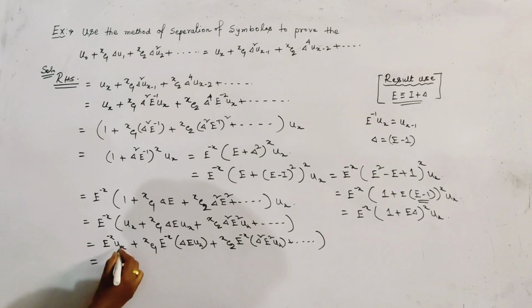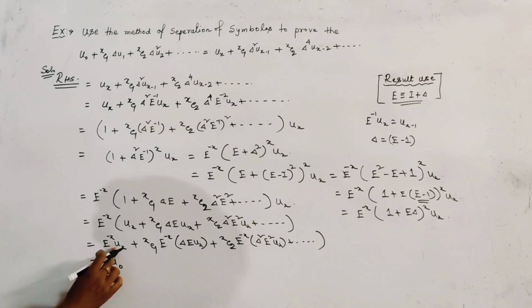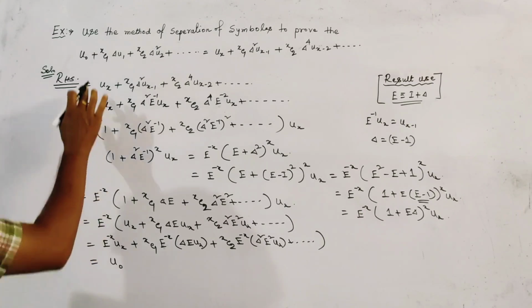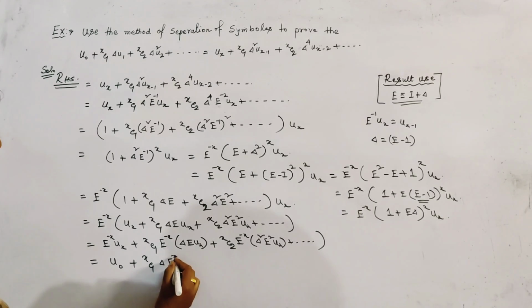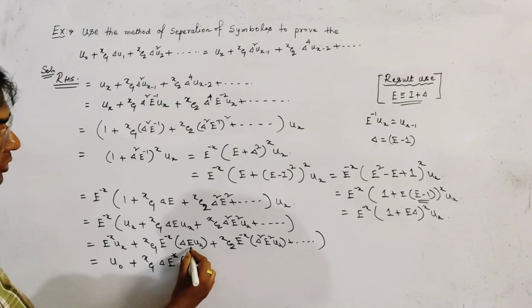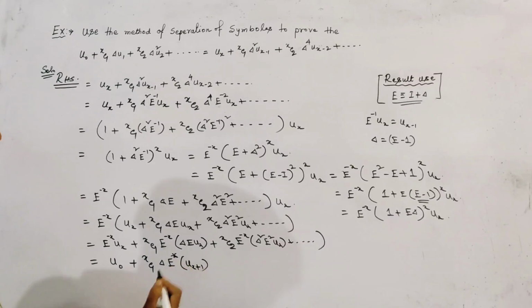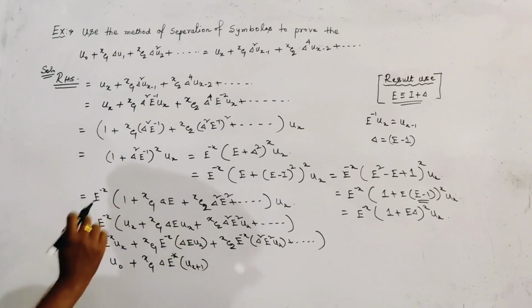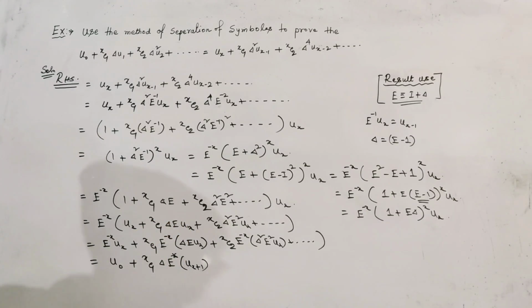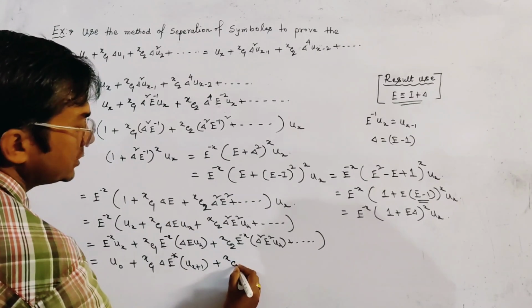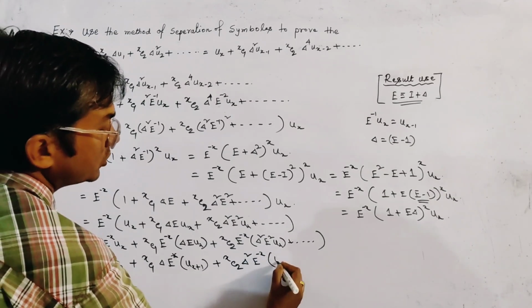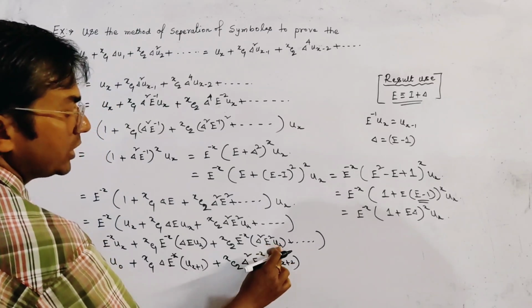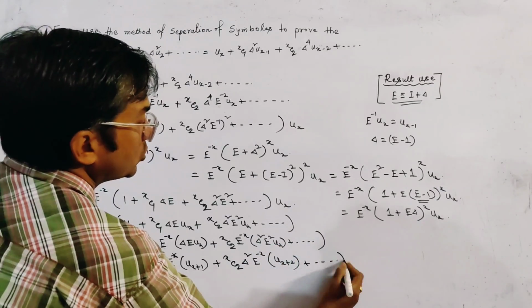Okay, and this is clearly u0 because u(x-x) is u0, the first term of the left side. The second term is xC1 Δ E^(-x) into E ux, which is u(x+1), shifting one time. The third term is xC2 Δ² E^(-x) E² ux, which is u(x+2), and so on.